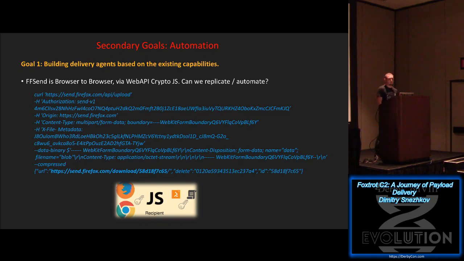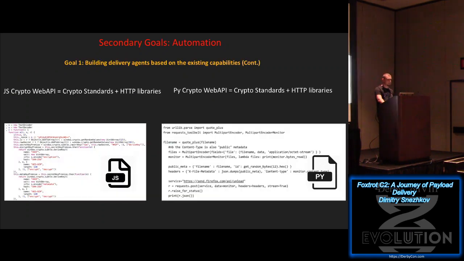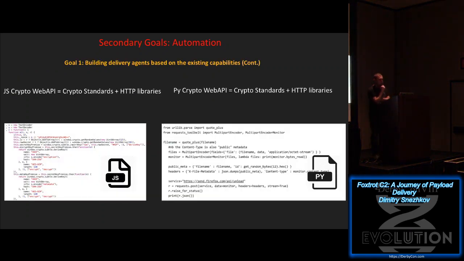You can do it with curl, of course, but it's not minimized. It's just manual. But you have a JavaScript engine, right? So we can toggle off of that. Web Crypto API is nothing more in JavaScript than the JavaScript Crypto Web API plus crypto standards and HTTP libraries.